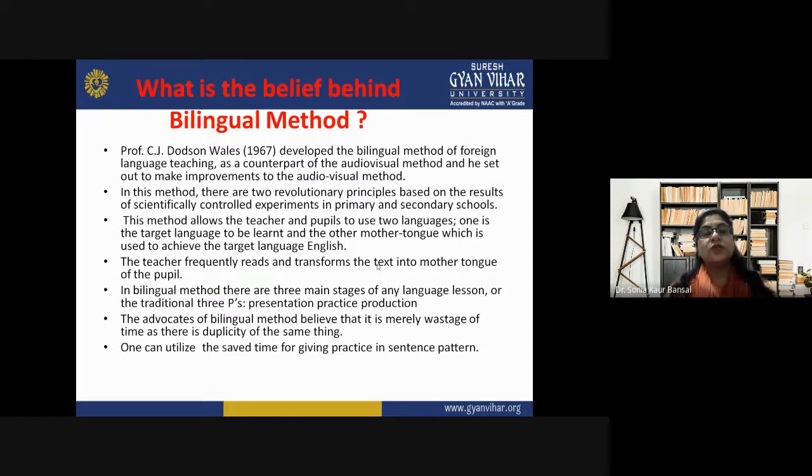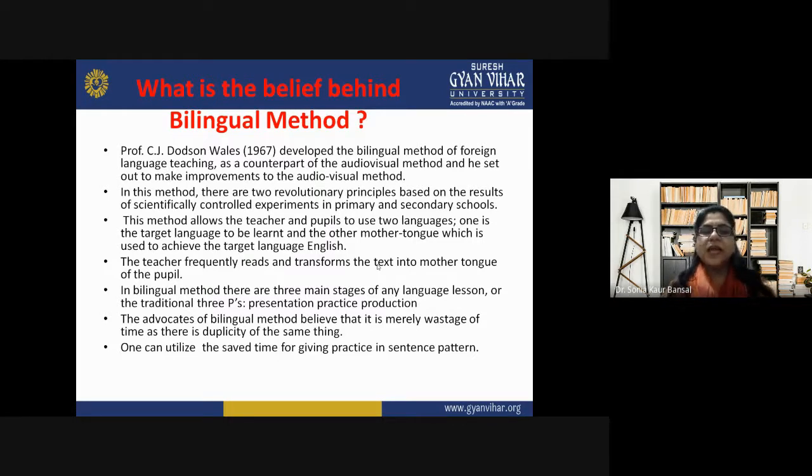Professor C.J. Dodson developed this bilingual method of foreign language teaching in 1967 as a counterpart of the audio-visual method. The audio-visual method is where you are looking at something and you are listening to something. He developed this bilingual method as a counterpart, to make improvements on the audio-visual method. So this was the belief behind it.